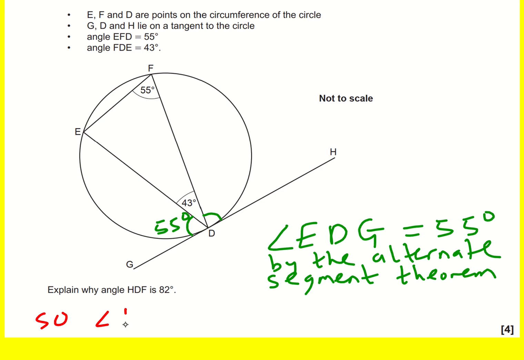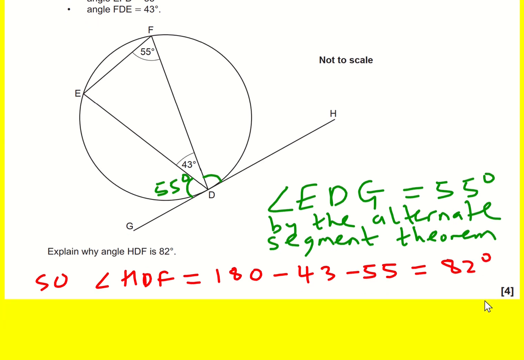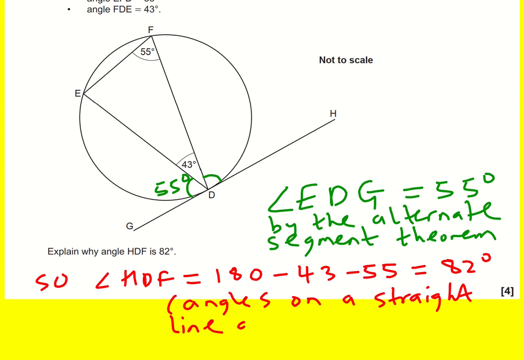So angle HDF is going to equal 180 minus 40 minus 43 minus 55, which is in fact 82 degrees. Because it's explain why, I should probably just write in brackets angles on a straight line add to 180.